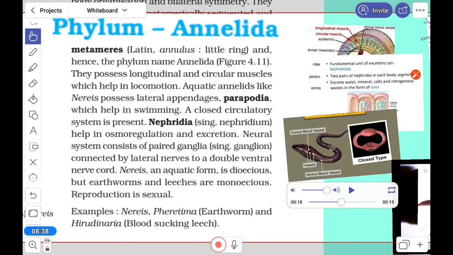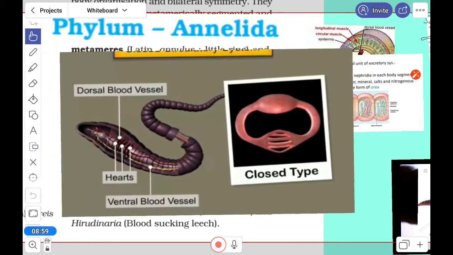Nephridia, a single nephridium, helps in osmoregulation and excretion. The neural system consists of a pair of ganglia. So the neural system is also formed here. A nerve ring is there, and the peripheral nerves are also there.